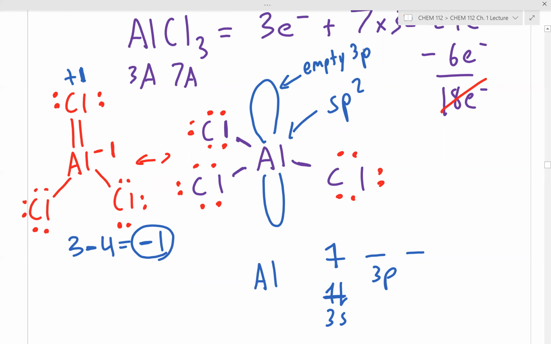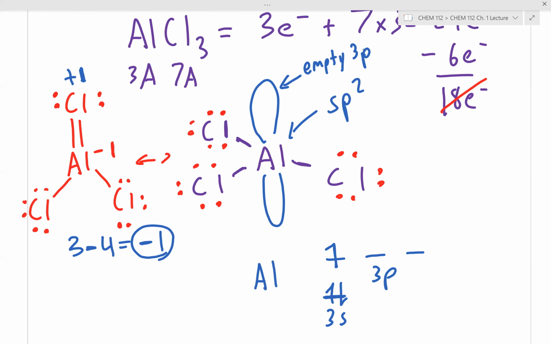And more specifically, it's an empty 3p orbital. And this empty p orbital can engage and coordinate and interact with lone pairs. So anytime you see this stereotypical empty p orbital, no lone pairs, that's a sign you're dealing with what's known as a Lewis acid.